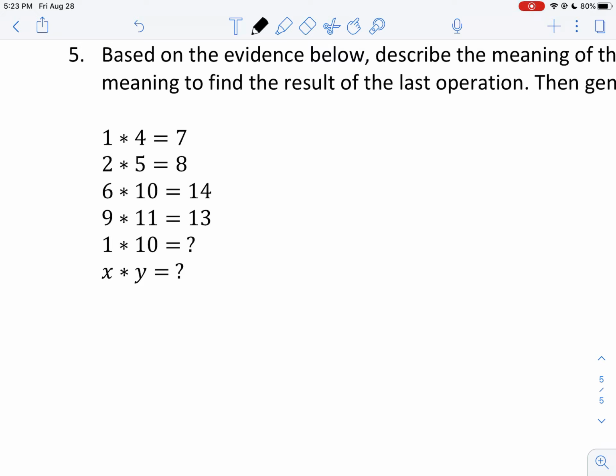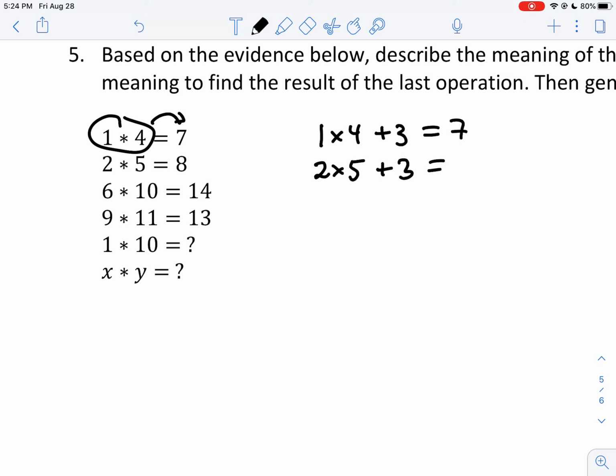If I try to involve multiplication, what if I multiply the two numbers and then add what's needed to get to that number? Let's see what happens here. So let's go 1 times 4. That's 4. Then I need to add 3 to that. That would give me 7. Let's keep up this pattern. If I do 2 times 5 and then add 3 to that, what do I get? 10 plus 3, I get 13.